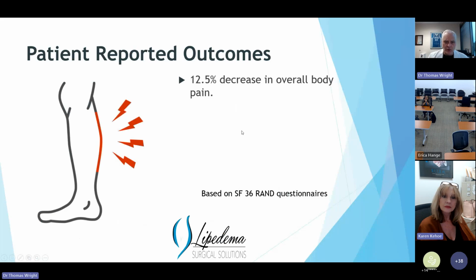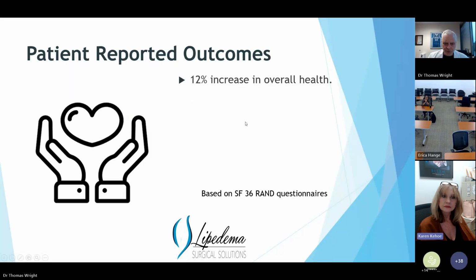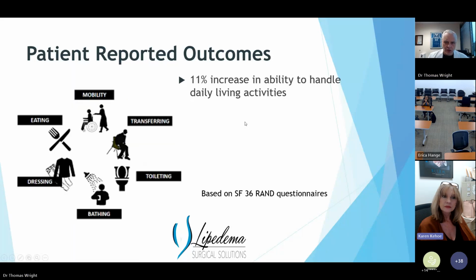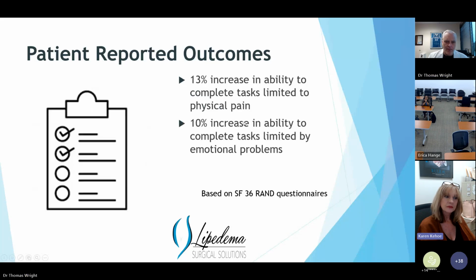There was a 12% decrease in overall body pain, a 12% increase in overall health, an 11% ability to handle activities of daily living, and a 13% ability to complete tasks.